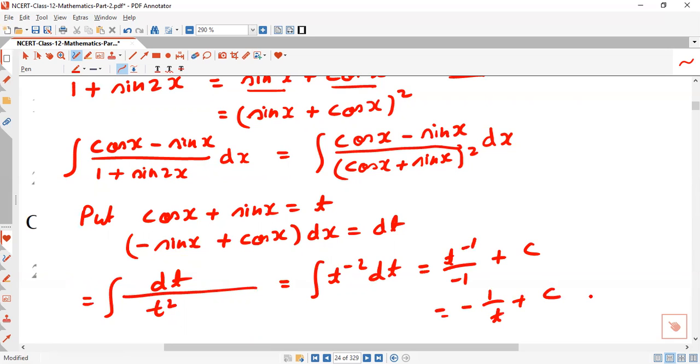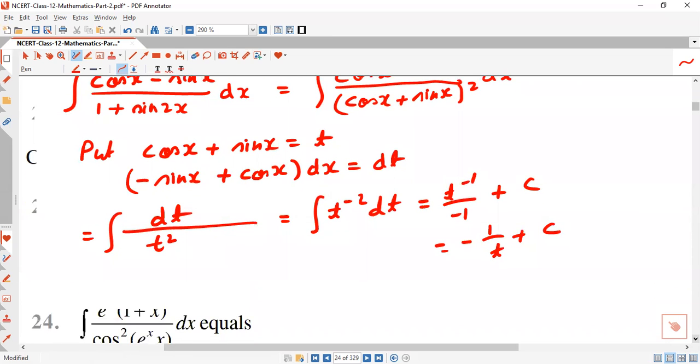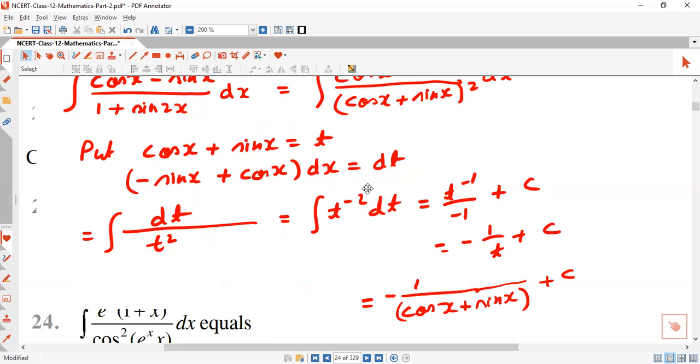Put the value of t, and you get minus 1 upon cos x plus sin x plus some constant c. This is the answer of question number 14.